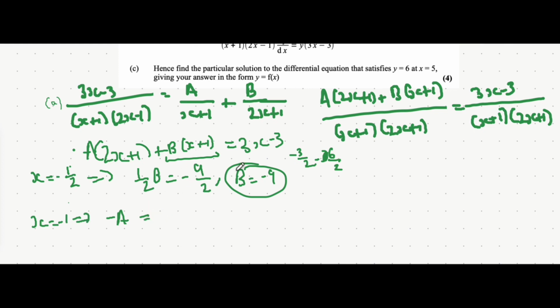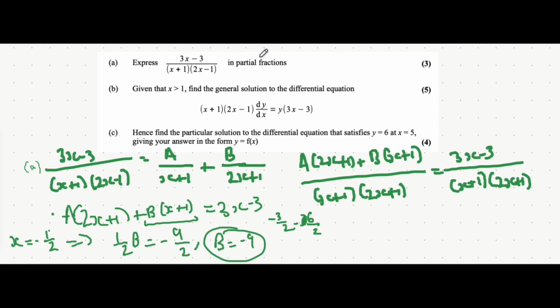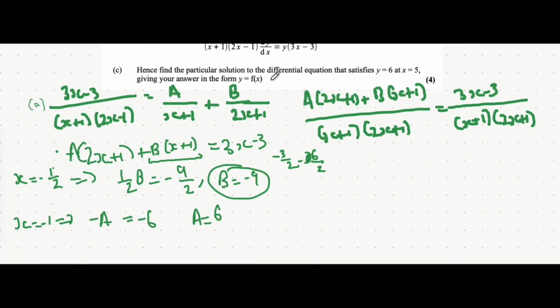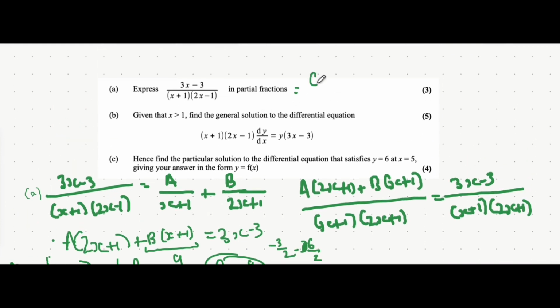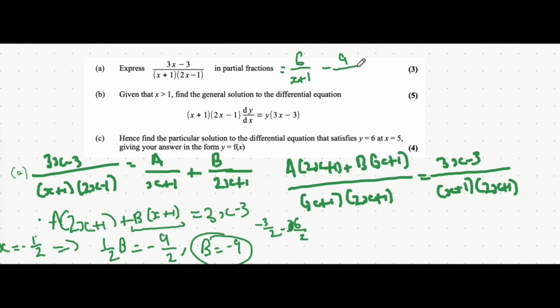And it's equal to, well, 3 times minus 1 is minus 3, take away 3 is minus 6, in which case A is equal to 2. So we can say that this whole fraction here can be split into 2 over x plus 1, plus B over 2x minus 1.